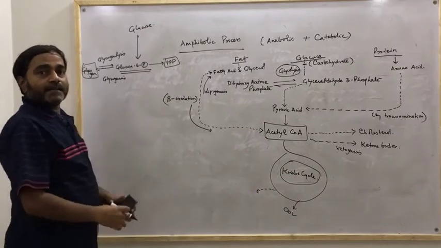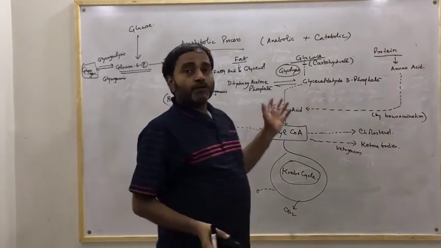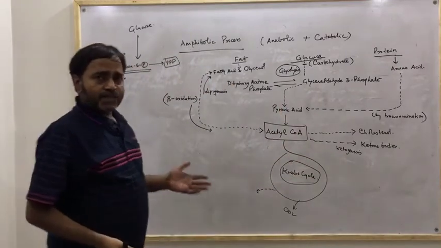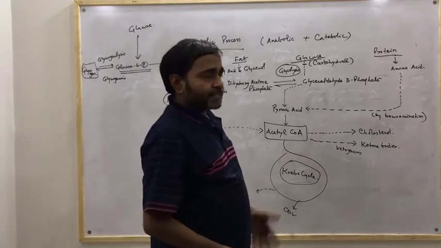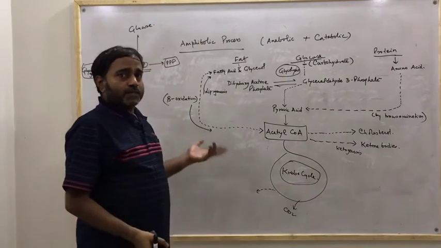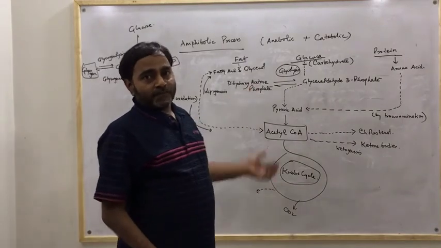You already have seen that in glycolysis. That's why these processes are collectively known as amphibolic process, because there are different processes of anabolic type, while some processes of catabolic types are associated together with this type of metabolism. That's why collectively the name amphibolic is given.